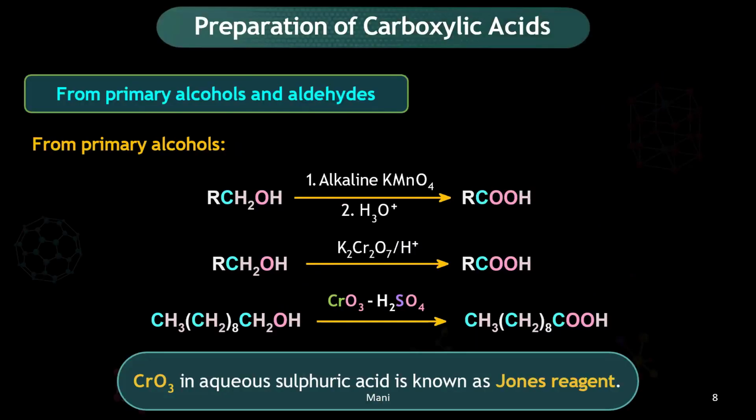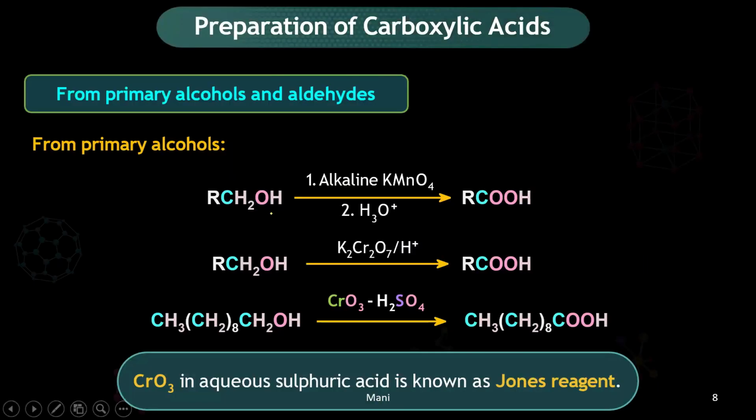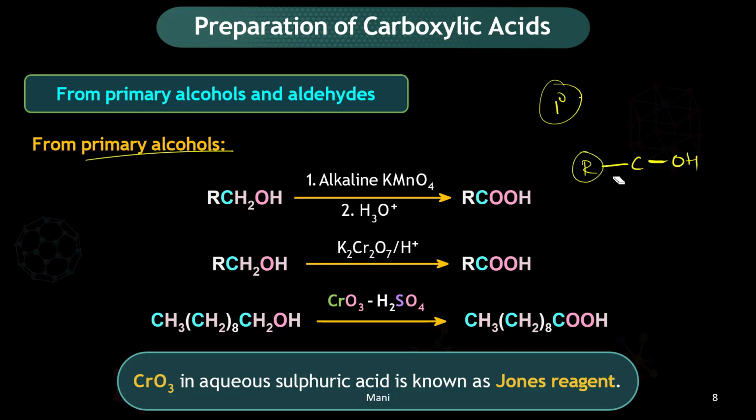Okay. So let's see from the primary alcohols. The first one, primary alcohols and aldehydes. In that, let's see the primary alcohols. So primary alcohols means what? First of all, what does primary mean? See, the functional group is attached to a carbon. If that carbon is attached to only one other carbon, that is, only one alkyl group or one R group, we call it primary.